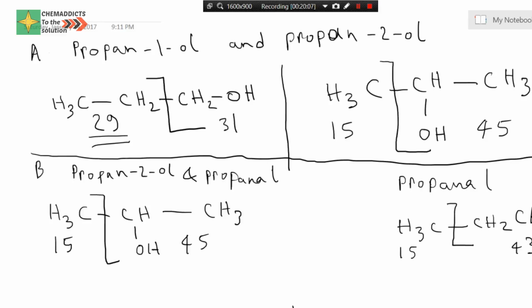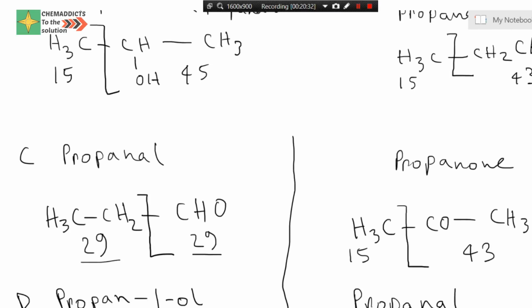Since both of these fragmented molecules do not coincide with the mass by charge ratio given, A shouldn't be the answer. The same goes with B, since both of these do not match the mass by charge ratio given, so B is also not the answer.